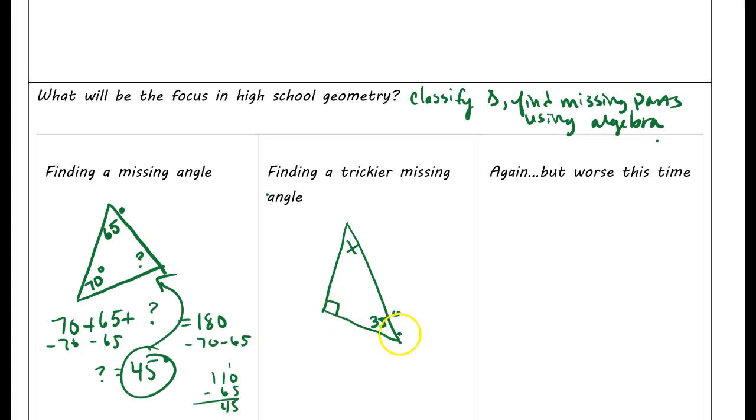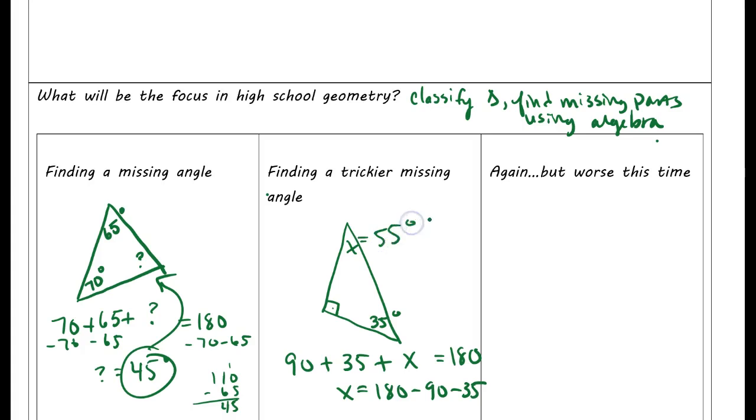And so you could do the same thing that we did here. This 90 degrees plus this 35 plus this angle at the top is equal to 180. And you could do it that way. And so we would take the 90 and the 35 and we would subtract them from both sides. And so whatever this is, which I think is a 55, that would be your answer for the top angle.